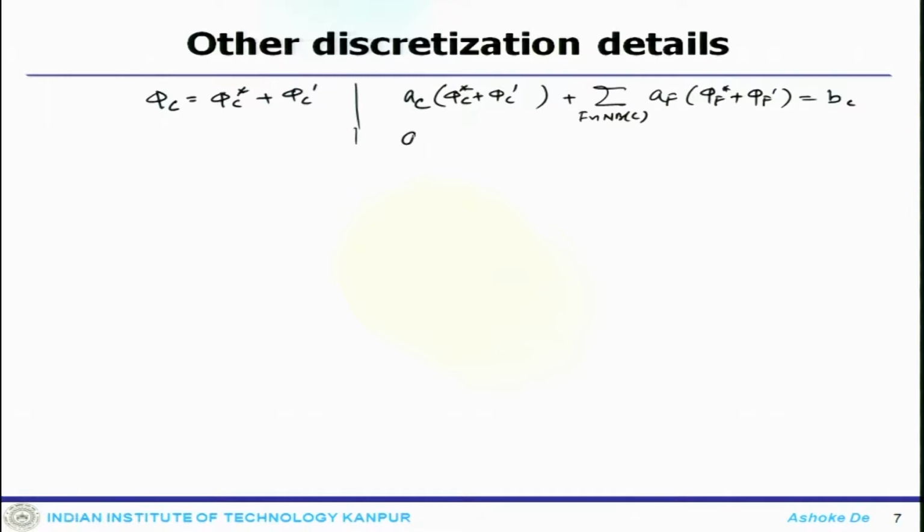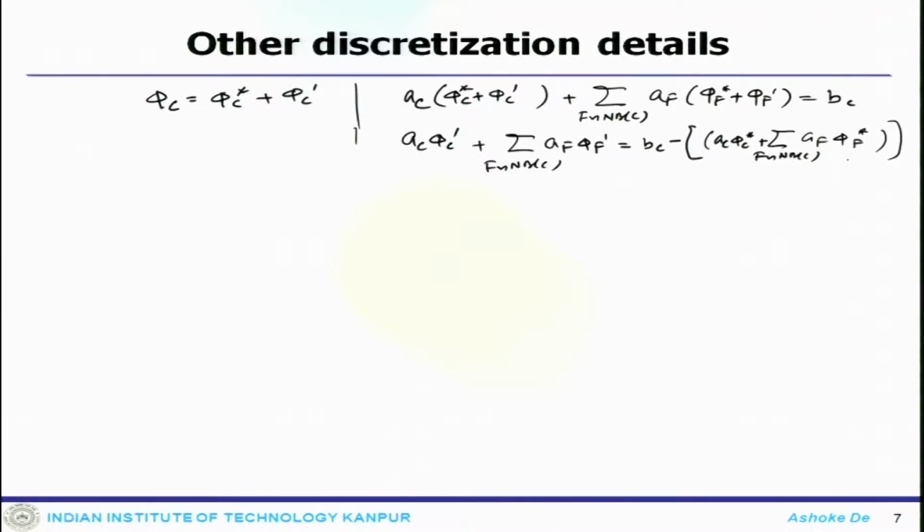If you rearrange, this will become A_C phi_C prime plus summation of A_F phi_F prime equals B_C minus (A_C phi_C star plus summation over F of A_F phi_F star). So, that is what you get.